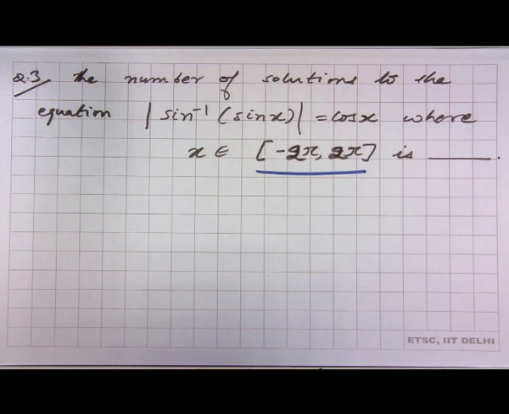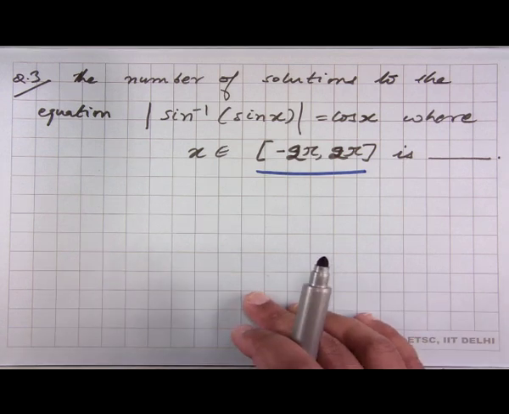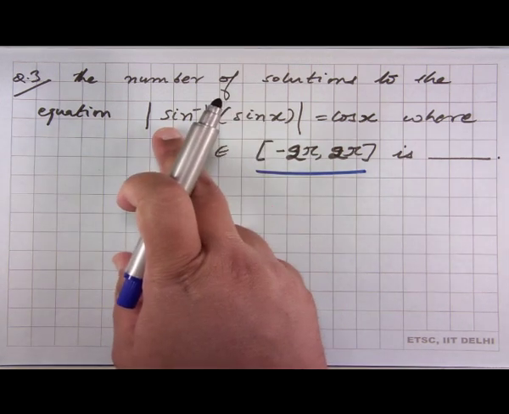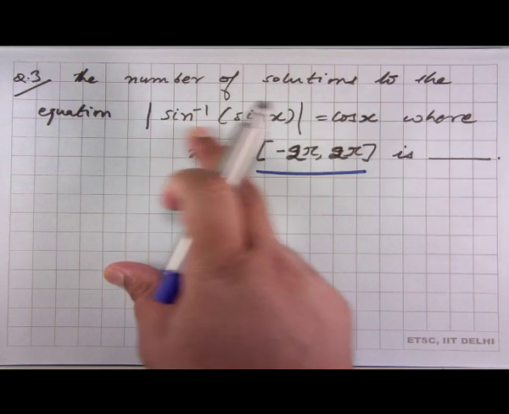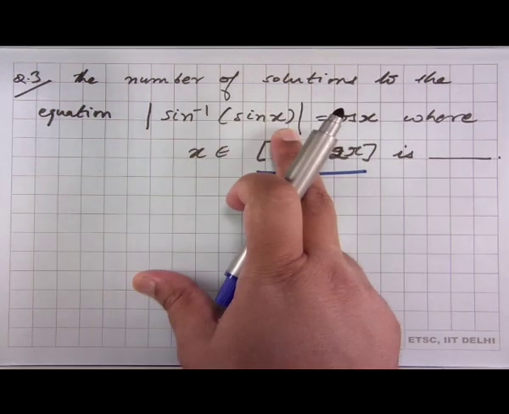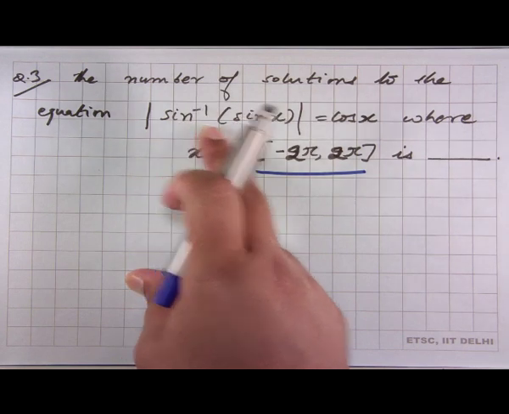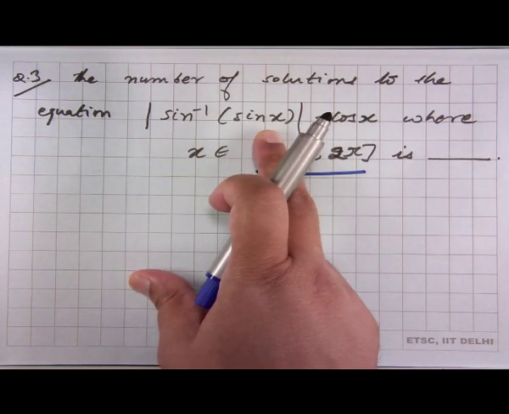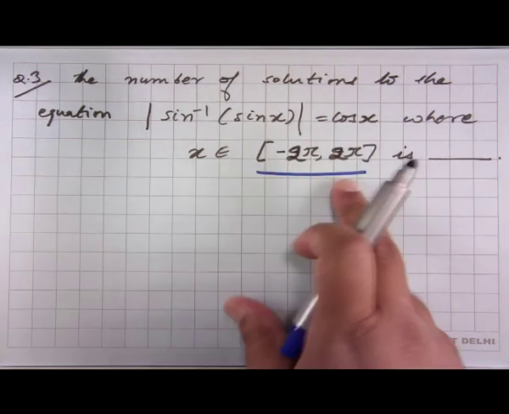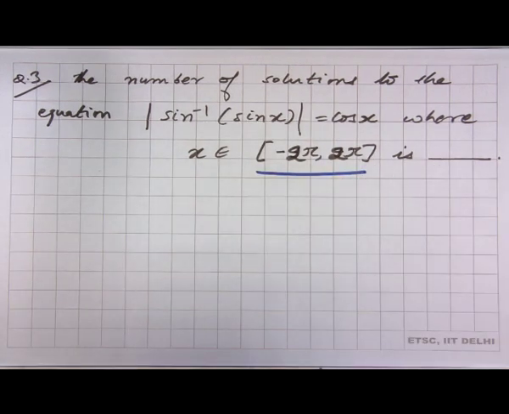So the way we are going to solve this problem is that we are going to actually understand and compute this particular function. We will start with sin inverse of sin x and see how it looks when x is constrained to this interval here.